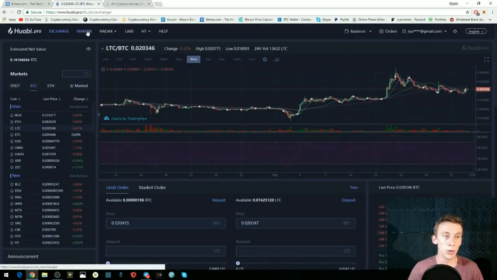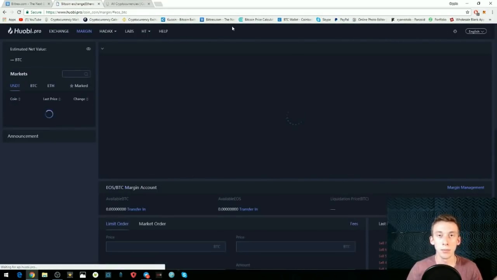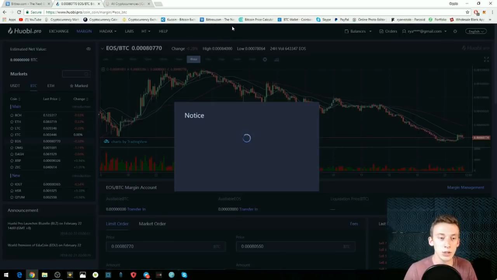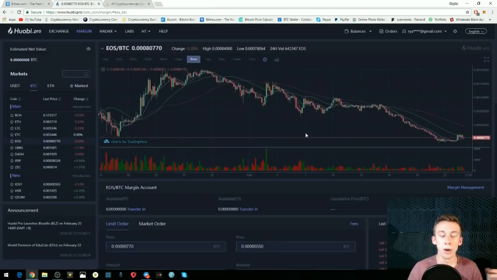Now we're going to go up to this margin tab. Now, margin trading is something you definitely do not want to get involved in unless you are very skilled at it and you understand how it all works. Margin trading, summed up, is Huobi lending you money, cryptocurrencies, to trade other cryptocurrencies.